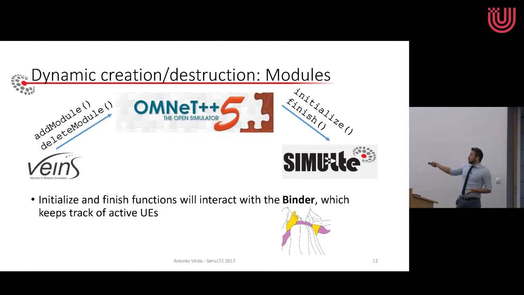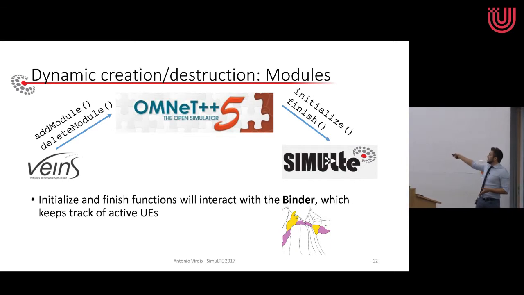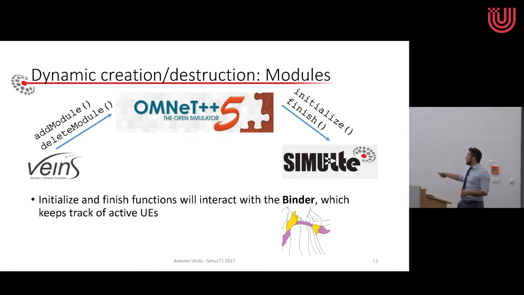Those two calls are translated by OMNeT, and we implemented all the elements that are necessary to register the modules to the system to keep track of active nodes using the initialize and the finish functions, which is something that was not available before. Of course, the initialize and finish functions will interact directly with the binder. So this is the reason why the binder is there. It keeps track of all the active nodes and their association with the base station.